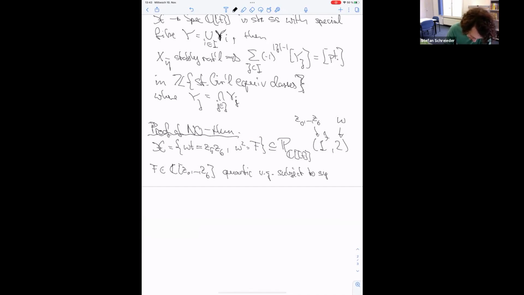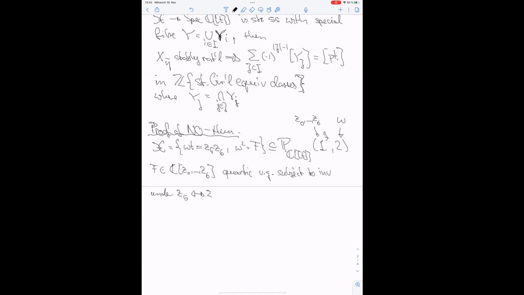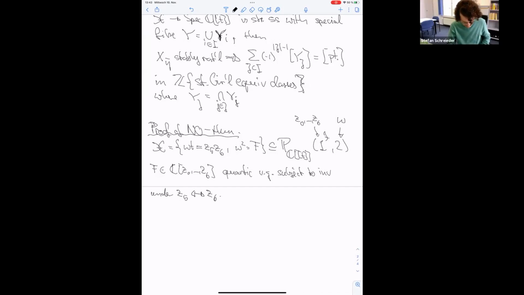invariance. Sorry. And what is T? What is T? Yeah, so T is an element in this ring.